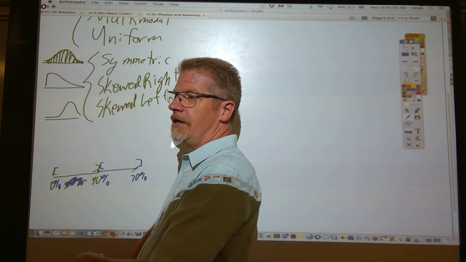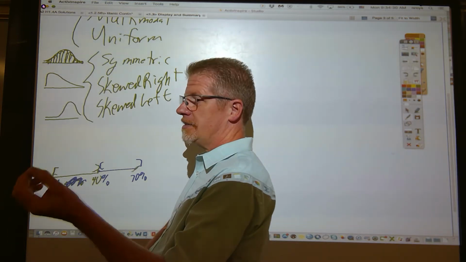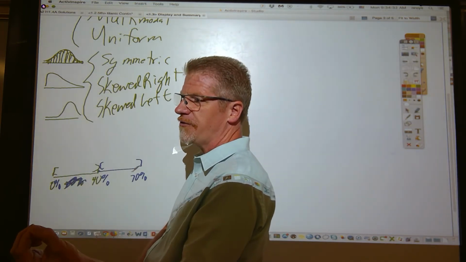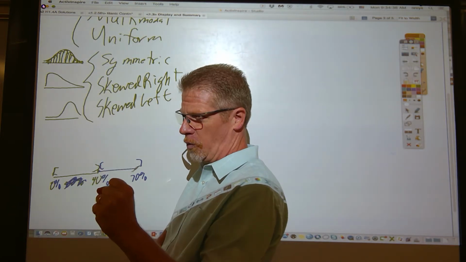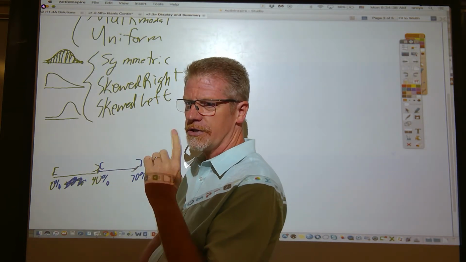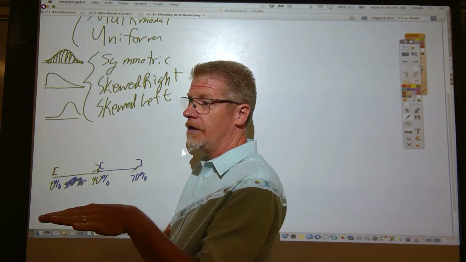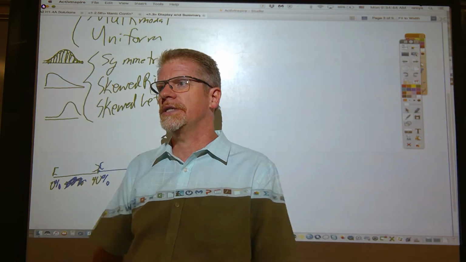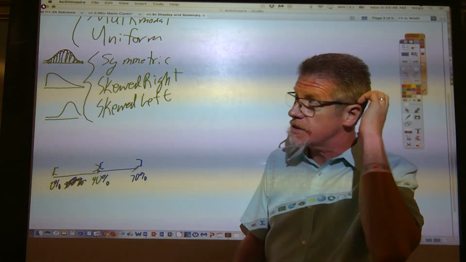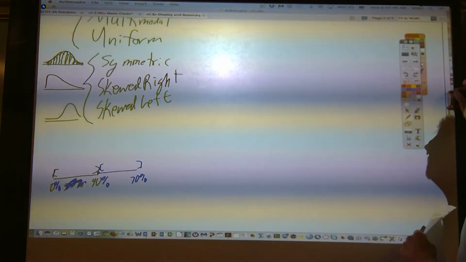So that answer has a precise numerical definition that you can rely on to tell objectively whether the distribution is skewed left or skewed right. We're going to work more with that, but that is the answer to your question. You just break the distribution in half and look at how spread out it is. So we'll get more into that with shape, center, and spread.